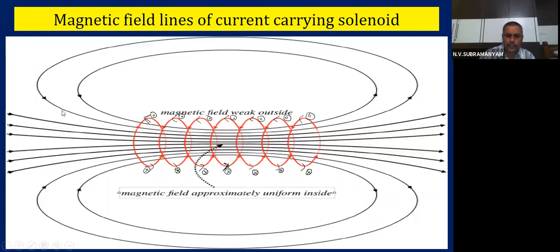Now solenoid, if you see carefully, how are the turns? They are circular. In this particular solenoid, we have considered circular turns. You see carefully. Red line you are seeing, they are the turns of the solenoid. They are circular in nature. Right or not?